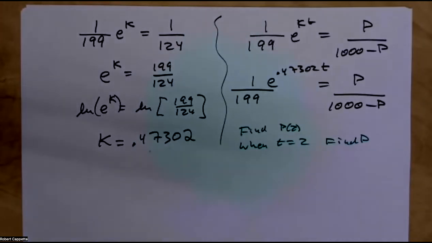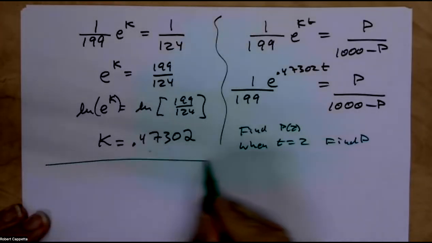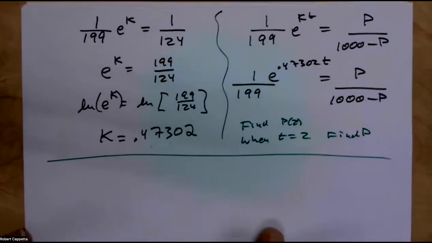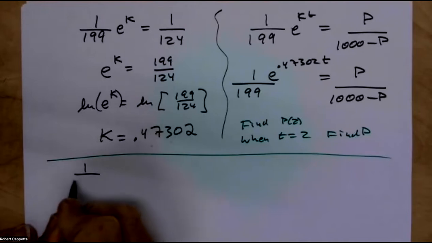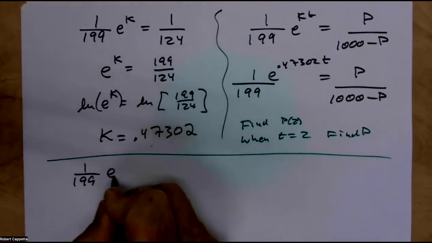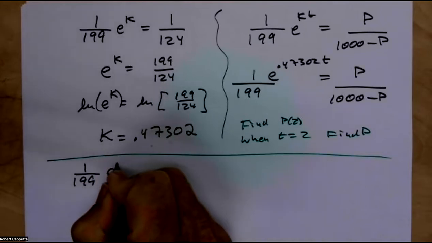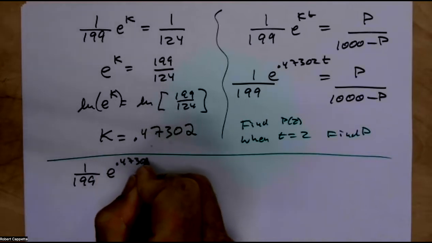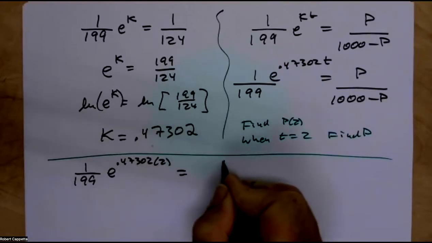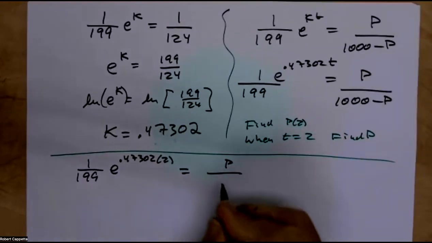What do I have? I have 1 over 199 e to the 0.47302 times t, which is 2, equals p over 1,000 minus p.